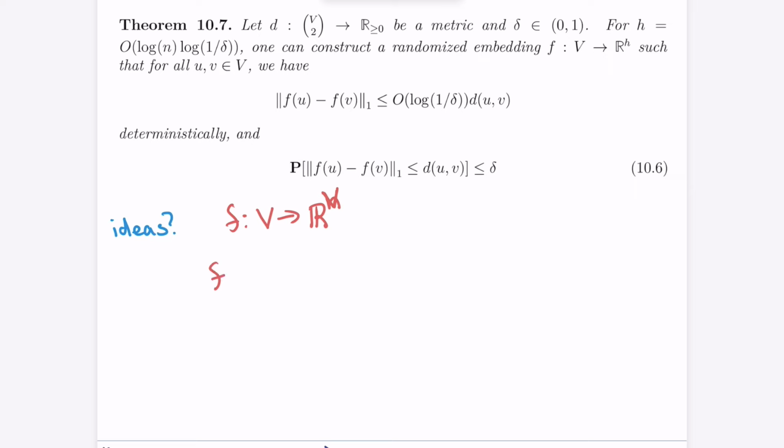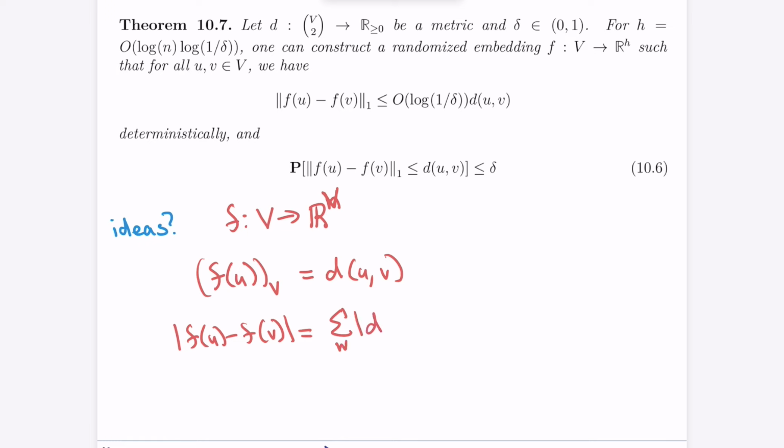So maybe you're saying that F_u, if you look at the vth coordinate, would be equal to distance(u, v) or something. Of course, if we looked at the difference between two points, that's going to be the differences of all the coordinates, something like this, right?